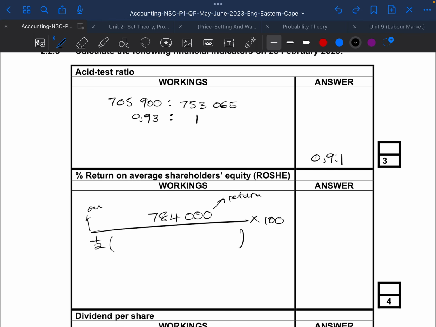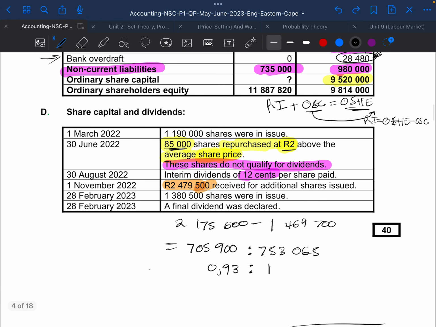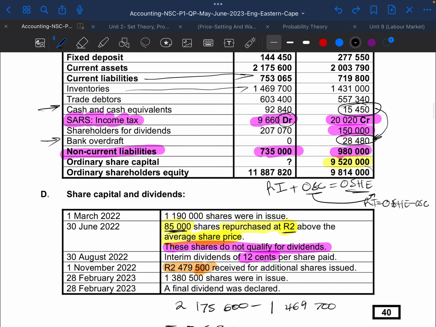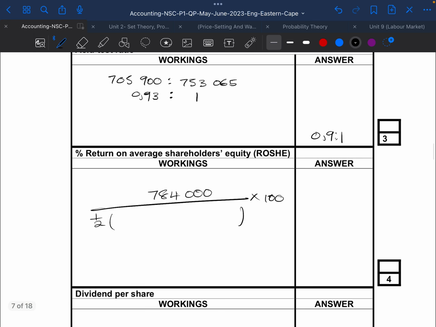All right, see how easy it is to interpret the formula. So let's get our ordinary shareholders equity. At first we have 9,814,000, and then we had 11,887,820. You can just start with whichever one you want.